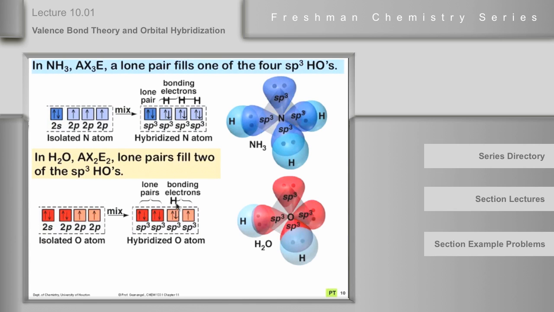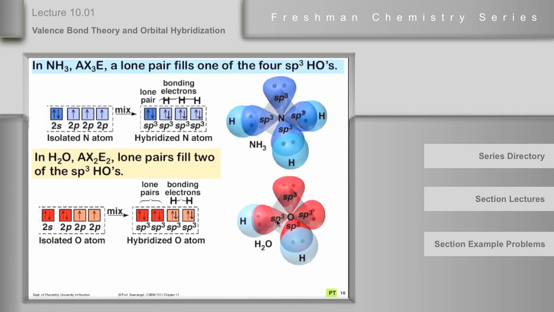So if we bring in a hydrogen, like maybe this one right here, and overlap the 1s with the sp3 on oxygen, then we make an oxygen sp3 hydrogen 1s single bond. And we can do that again with the other hydrogen, and we'll form another oxygen sp3 hydrogen 1s single bond. So the H2O molecule shows 2 OH single bonds and 2 lone pairs, and they're all based on sp3 hybrid orbitals.